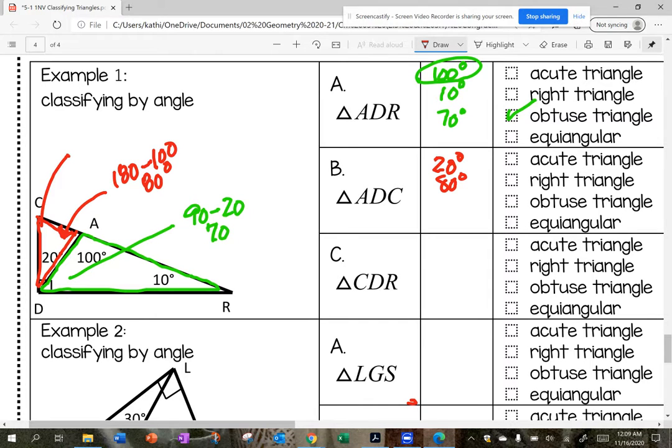So I have 100 also. So this is going to be 180 minus 20 minus 80. So this gives me 80 degrees also. So my largest angle is 80 degrees. 80 degrees is less than 90, so I would classify this as an acute triangle.